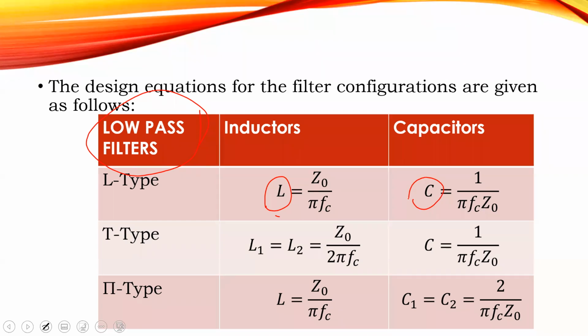So what is it that you don't want in a low pass? High frequency. Good. So which of these two elements would give you high reactance to high frequency? Inductance. All right, so we would put the inductor where in the circuit?